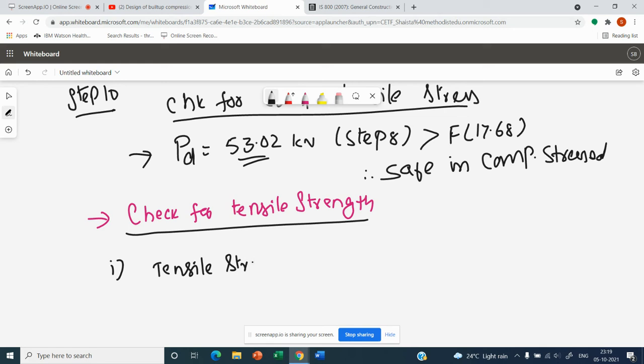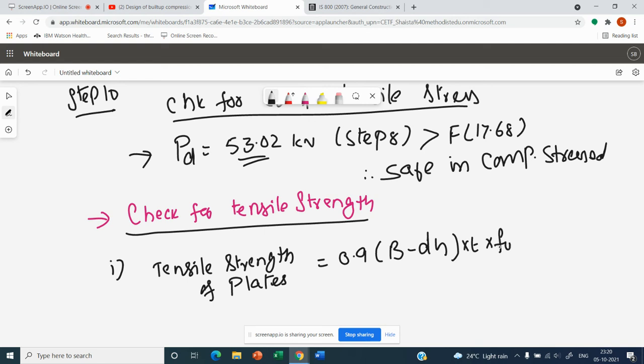Tensile strength of plates. If you refer to design of tension members, you have a formula 0.9 into B minus diameter of hole. B is the width of plate and this is diameter of hole, into thickness into the ultimate strength of bolt by gamma M1. Fine. So with this you get the tensile strength of plate.